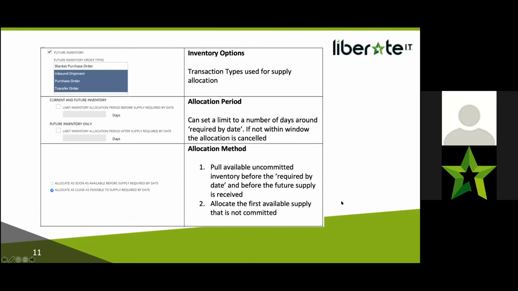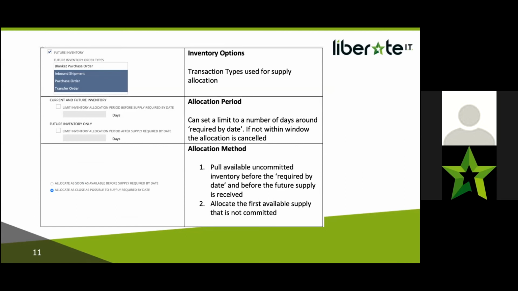So inventory options. The first thing is what order types we're selecting to be available. We're selecting inbound shipments, purchase orders, and transfer orders. We then look at the allocation period, and we can set a limit to a number of days around the required by date.